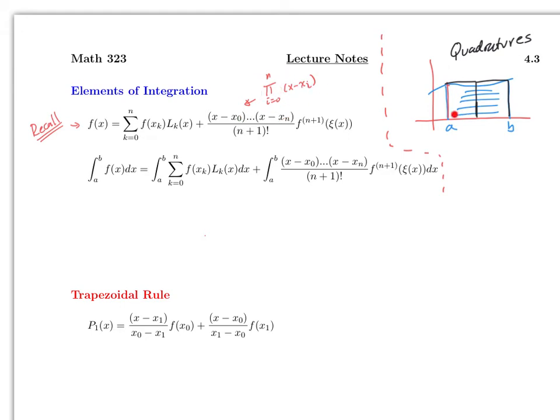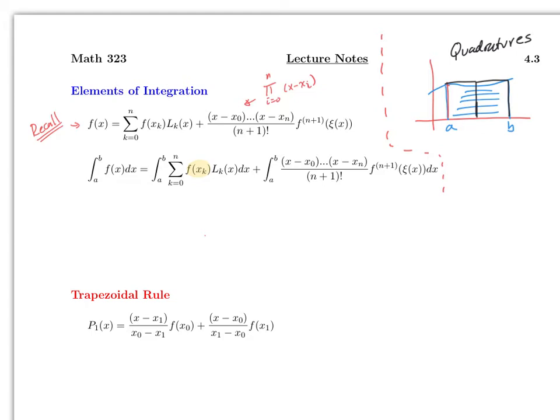Now, since these are rectangles, remember, to find the area of a rectangle, you need the base and you need the height. So here the height is going to be the value of the function. This technically will be the height, which, remember, is a constant, so you can take it out.